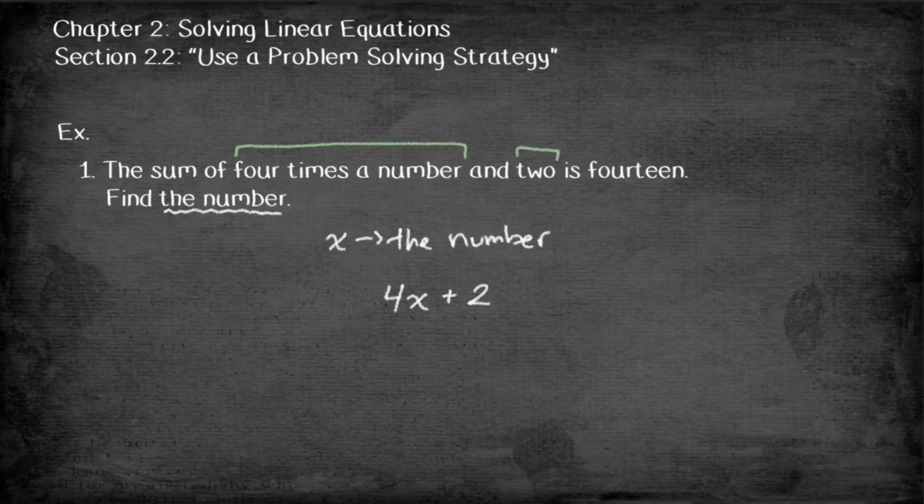So the parts in green there indicate I'm taking 4x plus 2, because the word sum indicates I'm adding. And what am I adding specifically? I'm adding 4 times my number and 2. And I'm given that this is equal to 14.